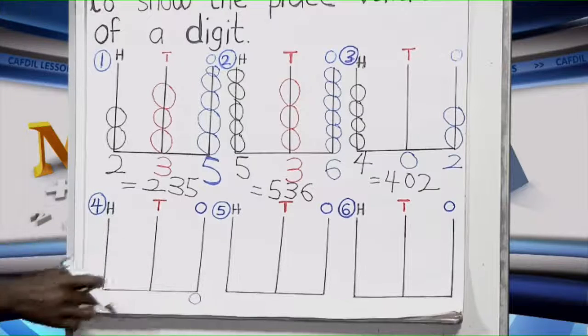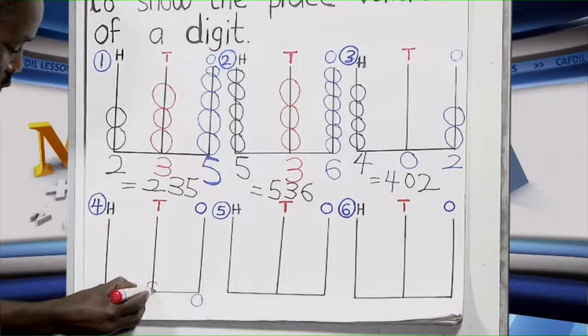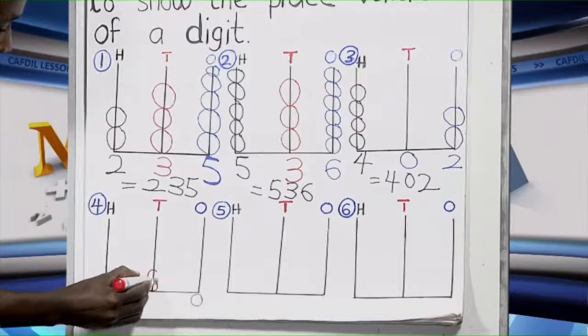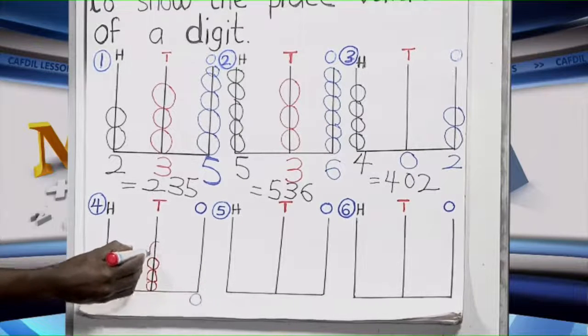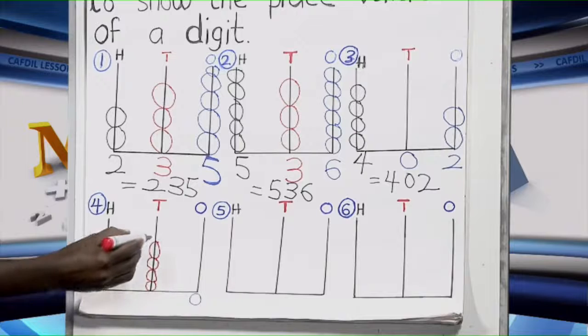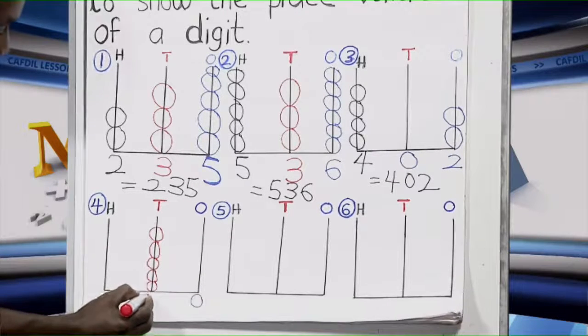Now, under tens, let's have 1, 2, 3, 4, 5. So we have 5.